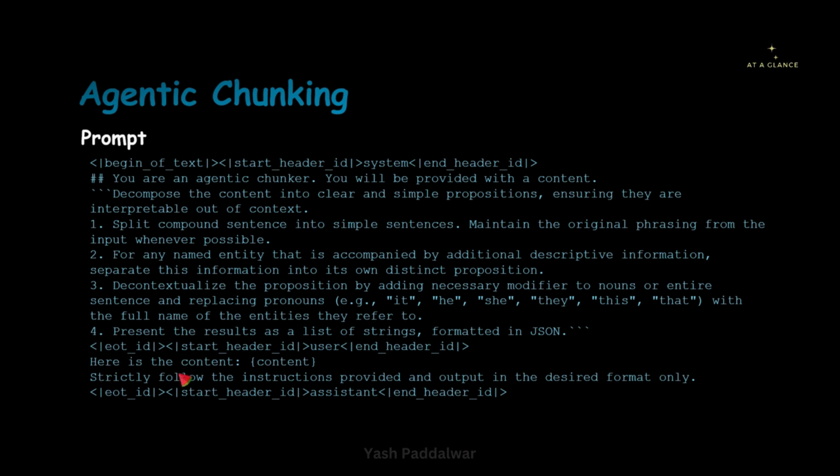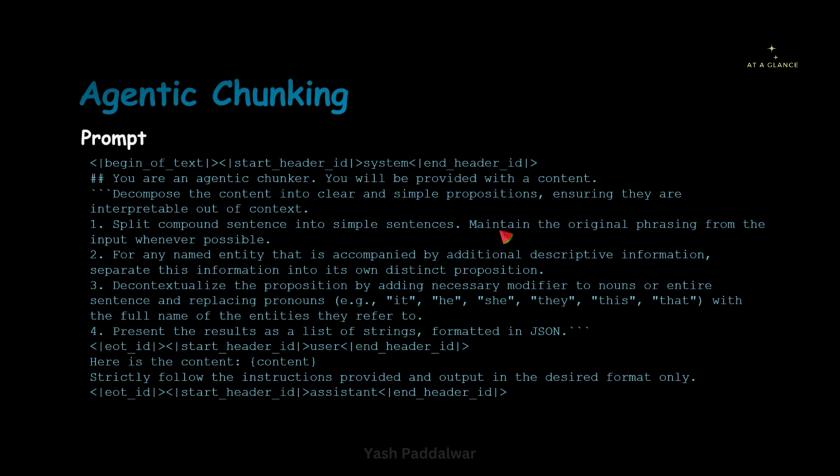Now, these are the steps it has to follow to convert each and every statement into a proposition. First, it has to split the compound sentence into simple sentences. So wherever it encounters a compound sentence, I hope you know the meaning of compound sentence, it has to convert it into simple sentences so that they can become independent to understand.